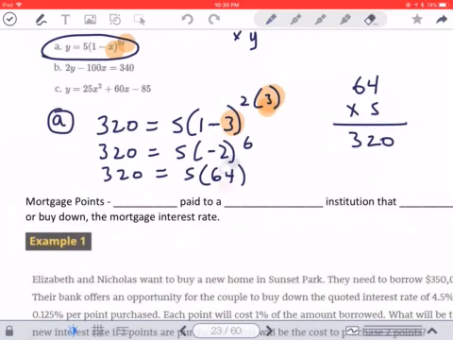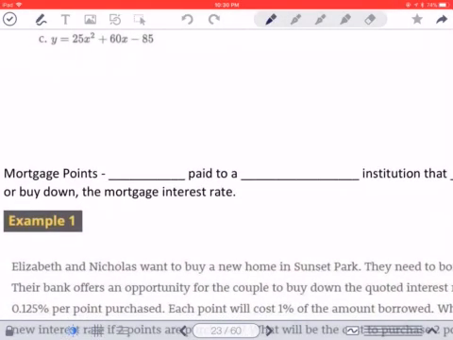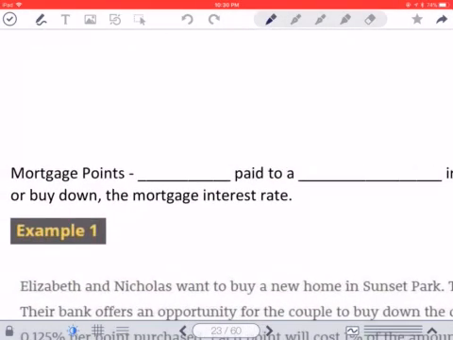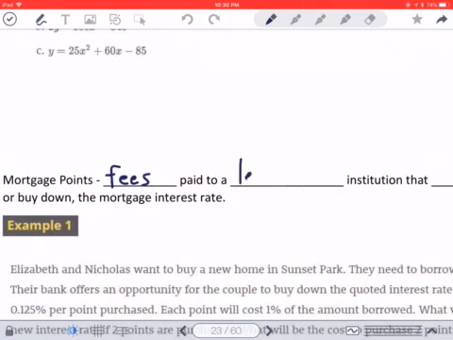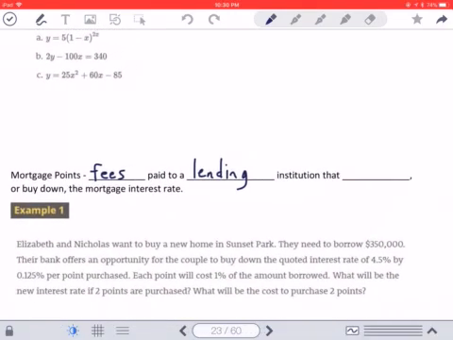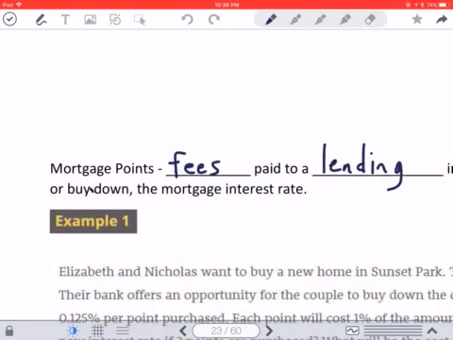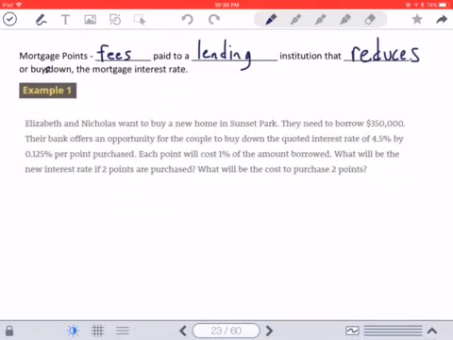All right, moving down here. Mortgage points. So mortgage points are fees paid to a lending institution that reduces, or buys down, the mortgage interest rate. Okay, it's kind of an interesting little thing.